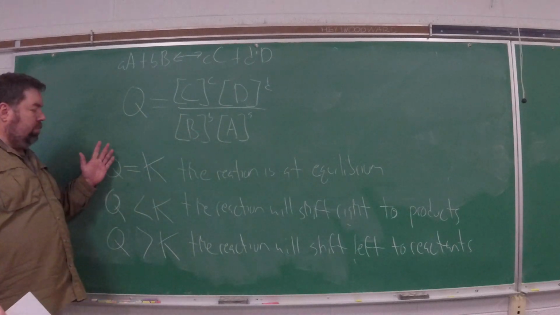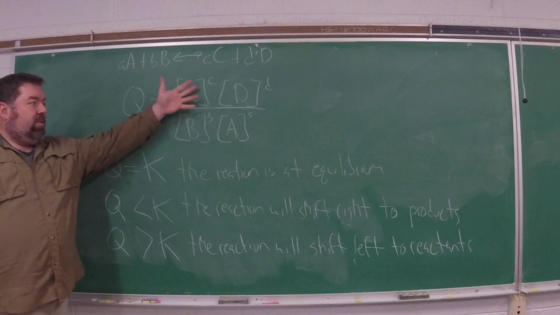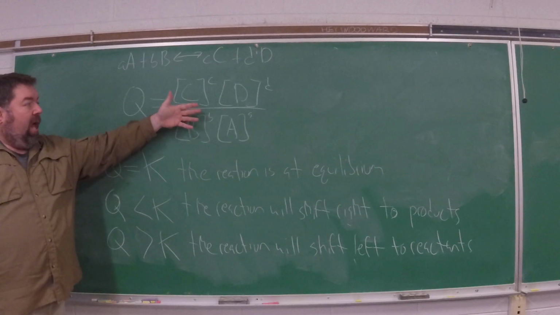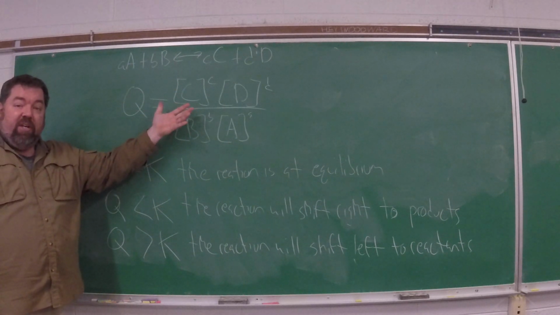Now, if Q equals K, the reaction's at equilibrium. So if these concentrations of products and reactants are the same as K, well then it's at equilibrium, that's the definition.